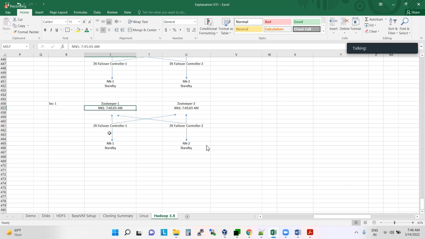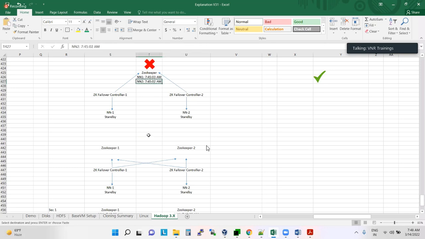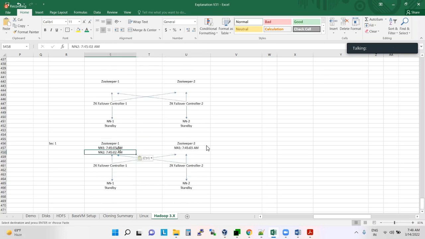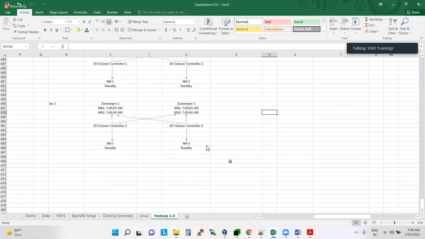See, name node 1 heartbeat has come to zookeeper 1 first, and to zookeeper 2 also first. Then name node 2 heartbeat has come later. Yes or no? Yes, sir.